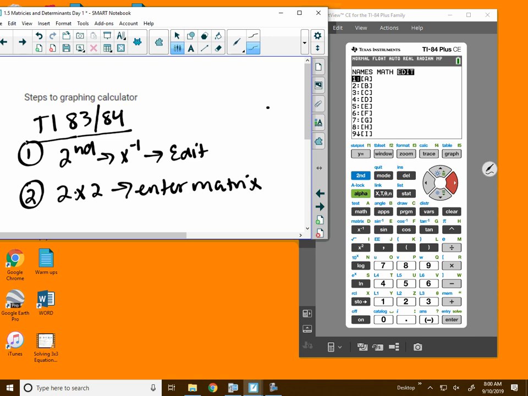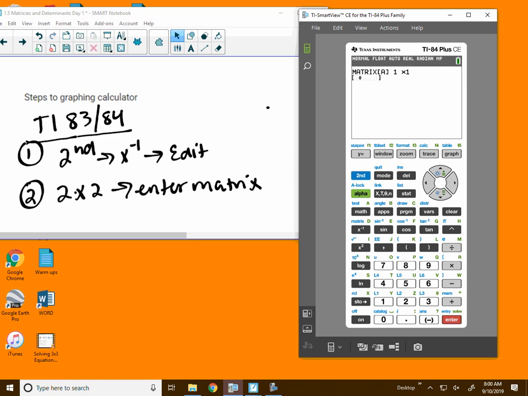Where you're at with A, you're going to press enter. It's going to ask you, what's the size of your matrix? So you'll type in 2 by 2, and then it should give you slots to fill that in.